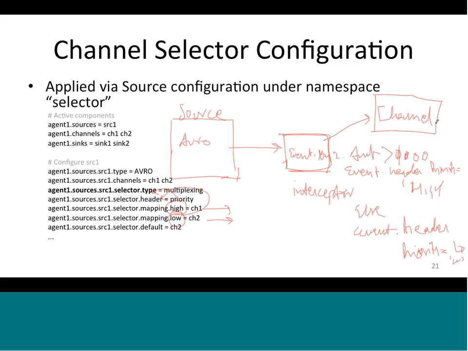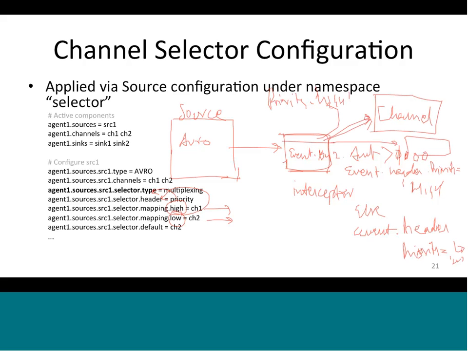So now your event needs to be sent to a channel. In the header of this particular event, this interceptor has put a value for the field called priority, and the value is high.